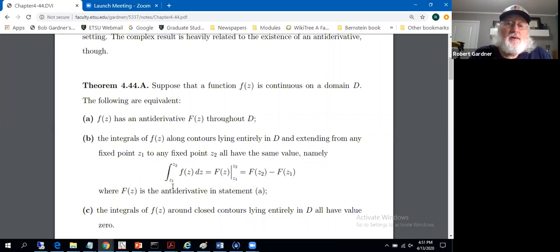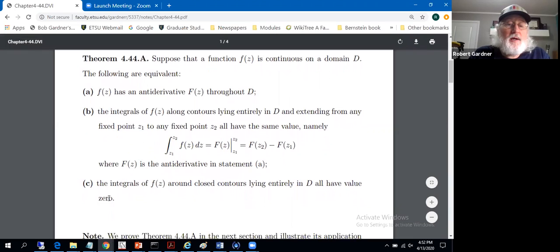That is, we want to integrate from z1 to z2 f of z dz. All we do is take the antiderivative, plug in the endpoints, just like the fundamental theorem of calculus. So that right there says we've got a fundamental theorem of calculus if lowercase f has an antiderivative valid throughout domain D.